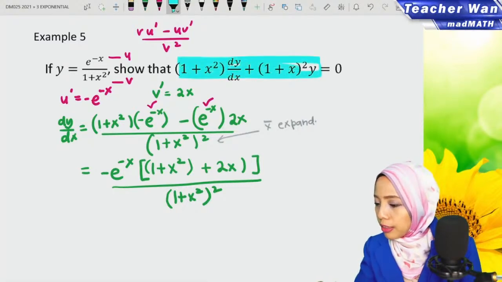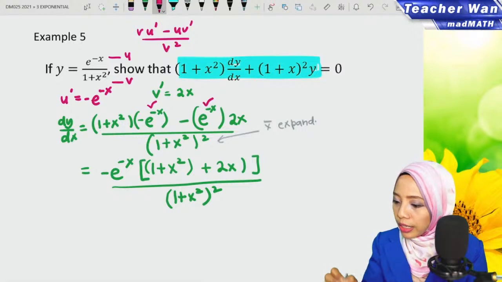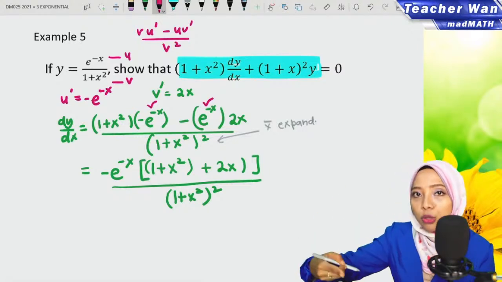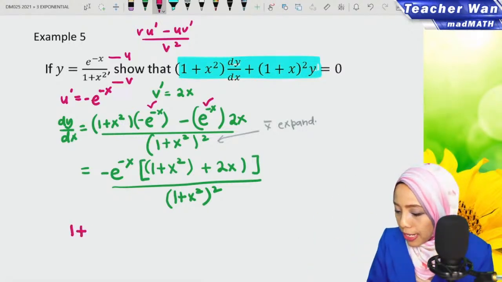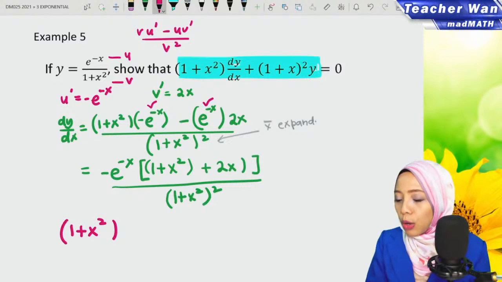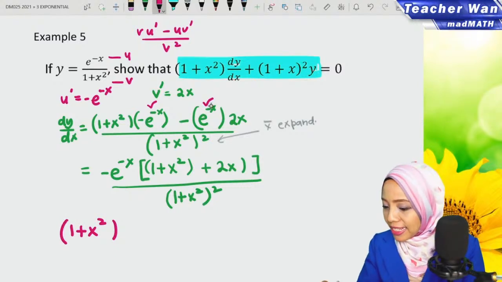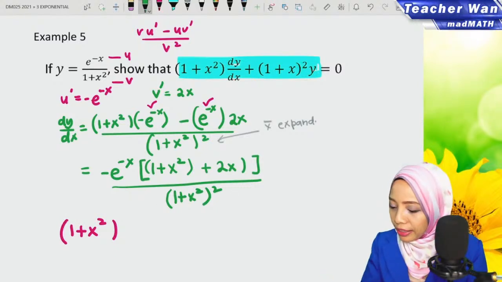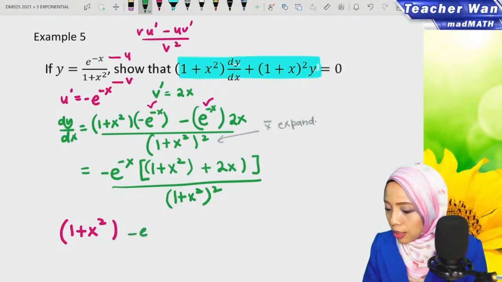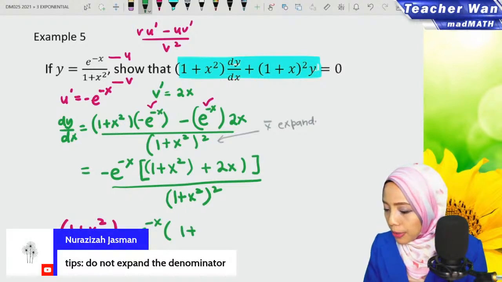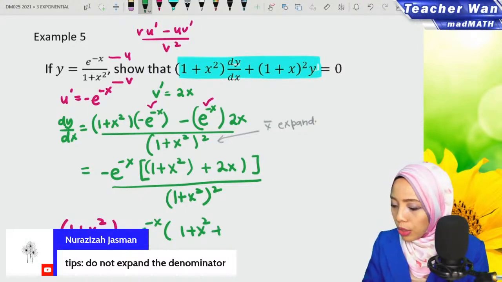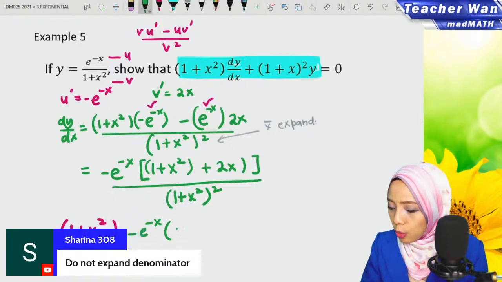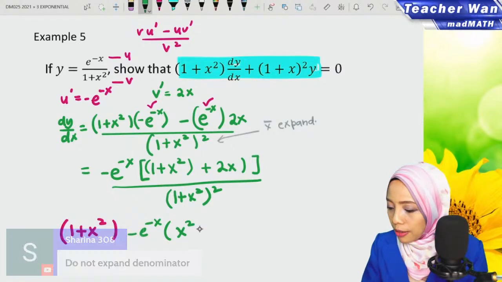Okay, so now I am going to look at what we are dealing with. What do we want to do? We are going to substitute the function 1 plus x squared. So our dy over dx is this whole thing. e to the negative x, 1 plus x squared plus, why not we arrange the quadratic, highest power at the front, plus 1.